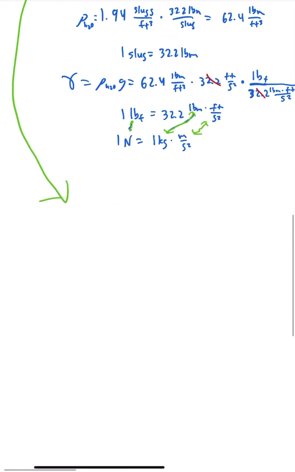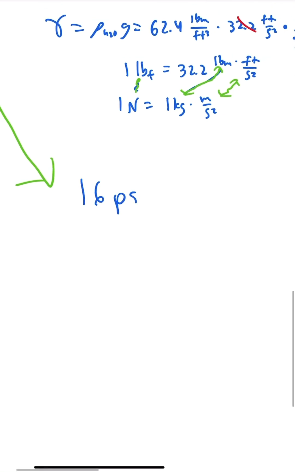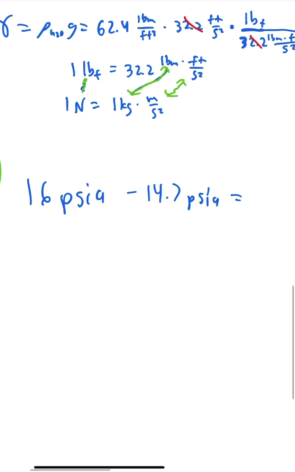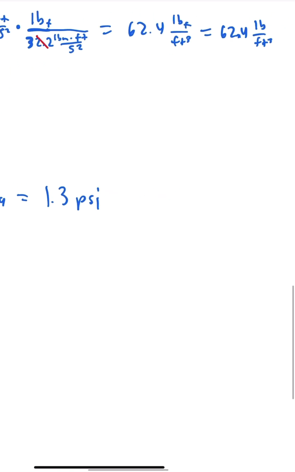We have 16 psia. Like I said, that's an absolute pressure, so we need to subtract the atmospheric pressure, and 1 atmosphere is equal to 14.7 psi. So minus 14.7 psia will give us 1.3 psi, which is equal to 1.3 pound force.